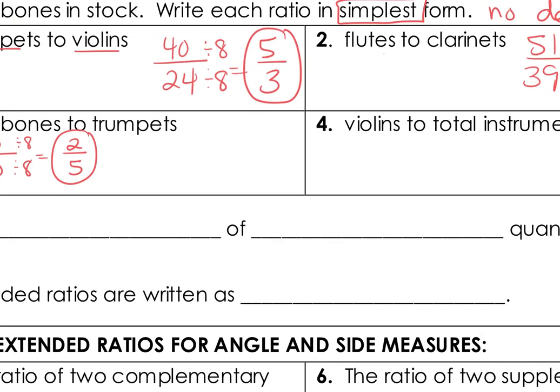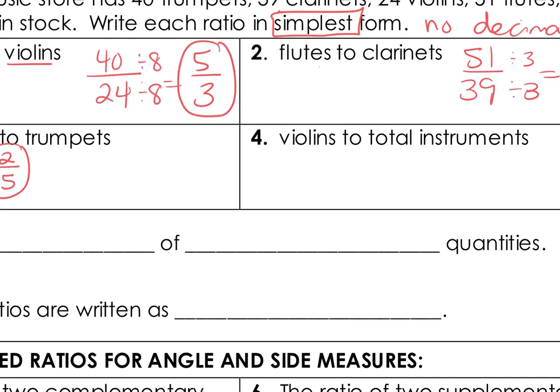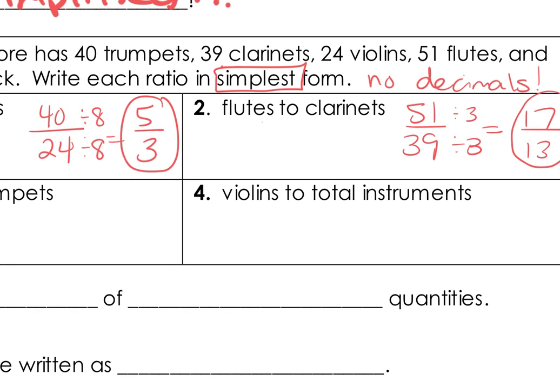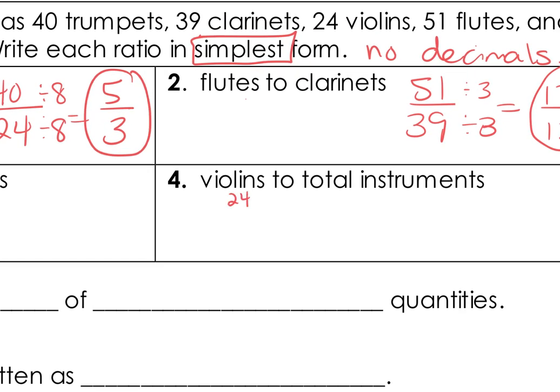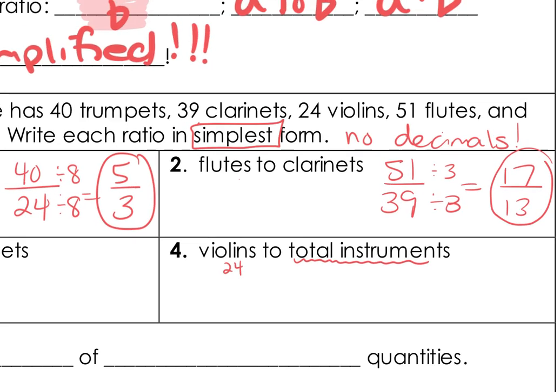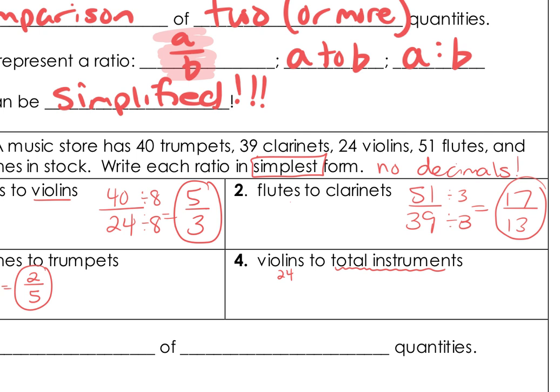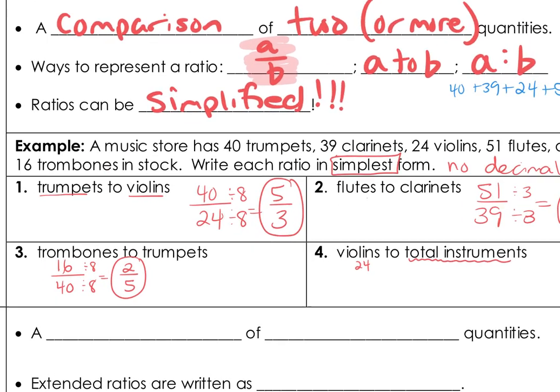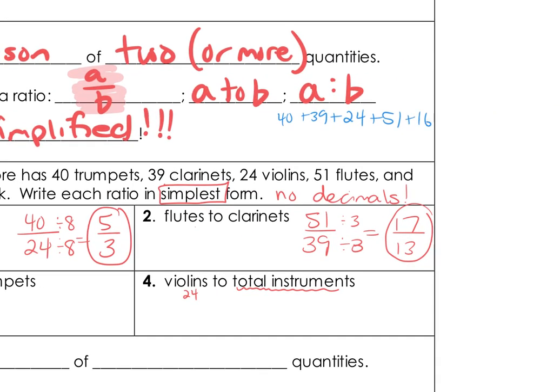All right, number 4, we've got violins to total instruments. So I have 24 violins, but I have to figure out my total instruments. So I'm going to go up here and add: I've got the 40 trumpets plus the 39 clarinets, 24 violins, 51 flutes, and I'm also going to add 16.